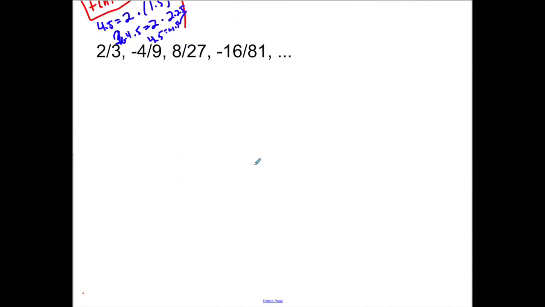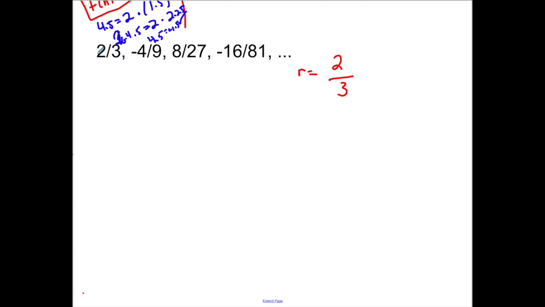All right, last one. So now it's a similar thing. Here, maybe you see a pattern. You see that I'm multiplying the top by 2, 2, 2, 2, 2. I'm multiplying the bottom by 3, 3 times 3, 3 times 3.